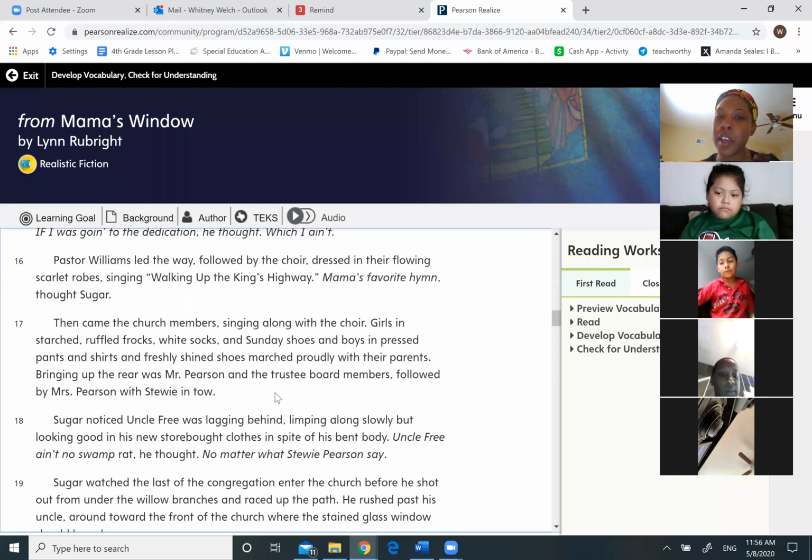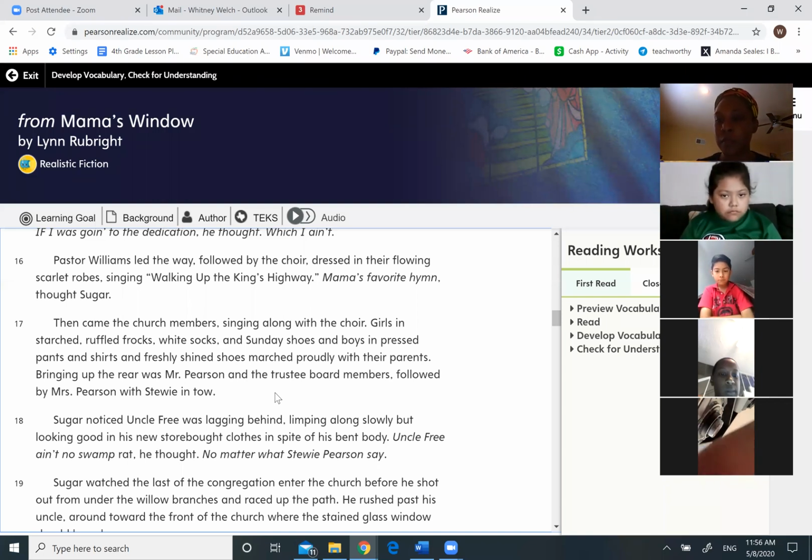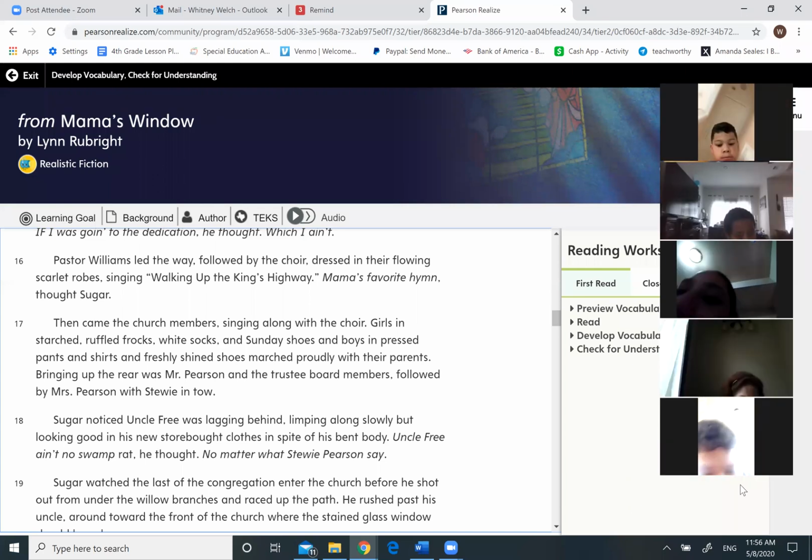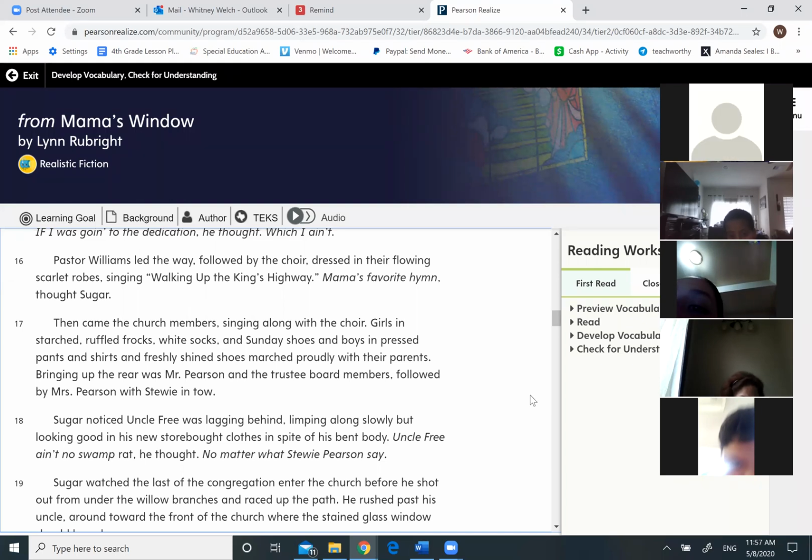All right, so here the author is describing to us what? What are they describing to us? Come on, think about it. Notice they're using a lot of detail in these paragraphs.